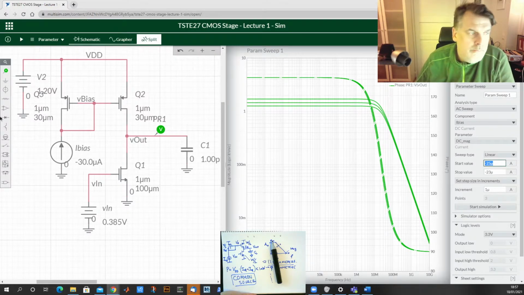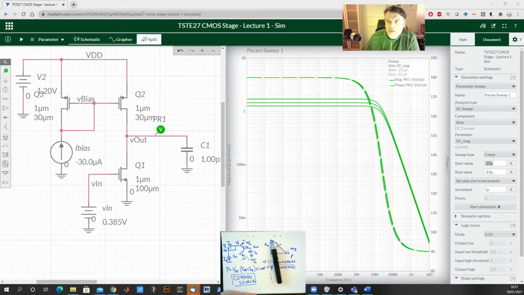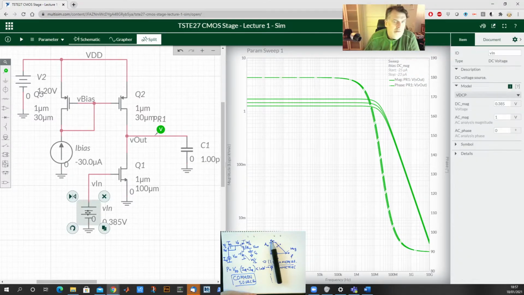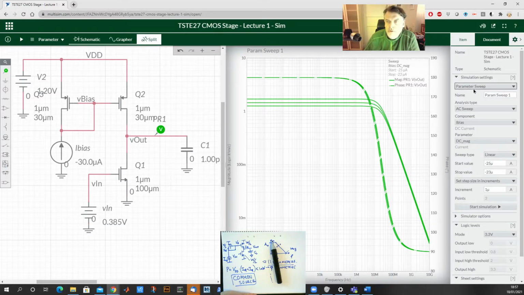In this tool, you can also sweep, for example, the DC voltage on this guy. So you can go to the parameter set in this tool, and then we go to document. We want to do an AC sweep, but we want to vary the V in voltage, the DC operating point voltage.